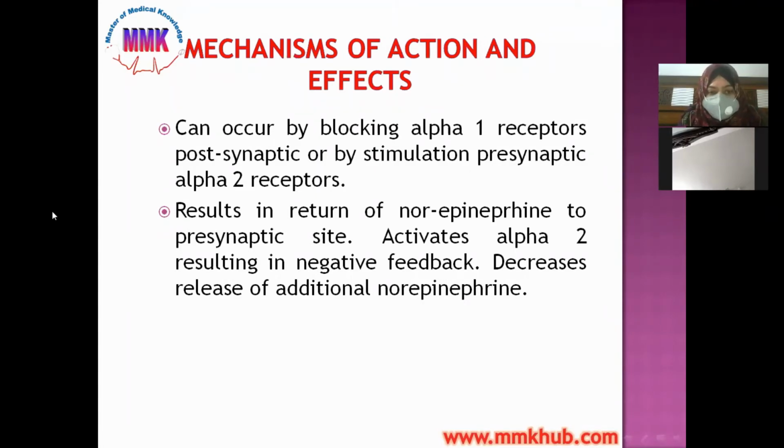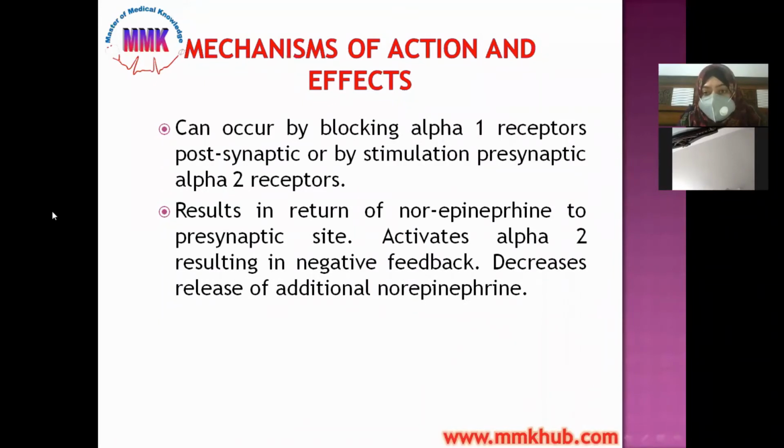presynaptic alpha-2 receptors. What happens basically is that these alpha blockers either work on the alpha-1 receptors lying on the postsynaptic membrane so that they can block it and decrease the activity of the sympathetic nervous system, or they can stimulate the alpha-2 receptors which are present on the presynaptic membrane.